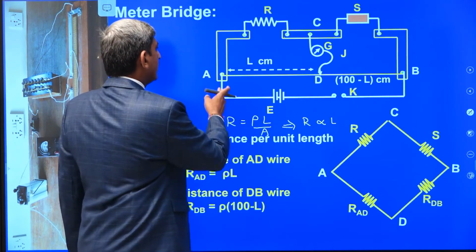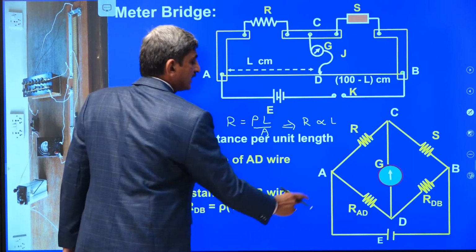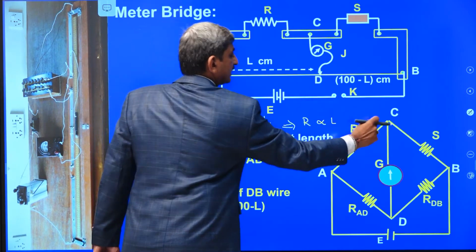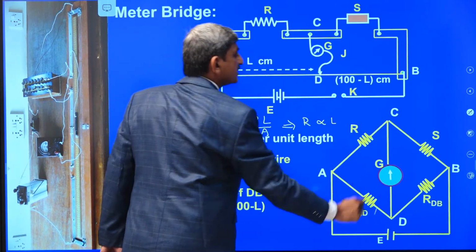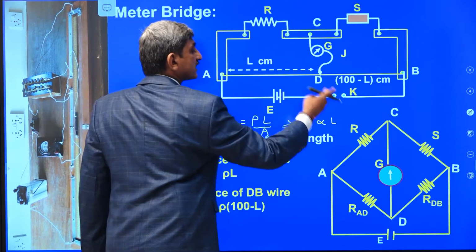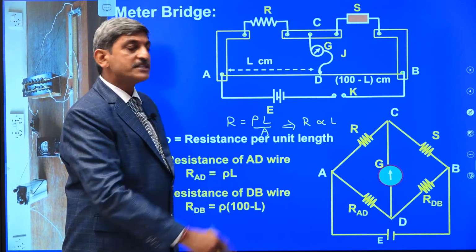And also between the AB ends, the battery is connected, and between the CD ends, the galvanometer of resistance G is connected. So this metal bridge network is modified as a Wheatstone bridge network.